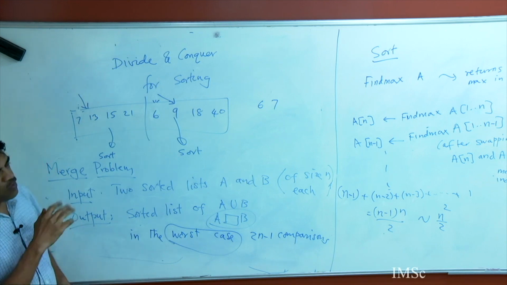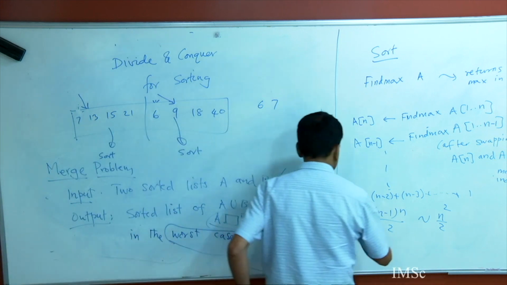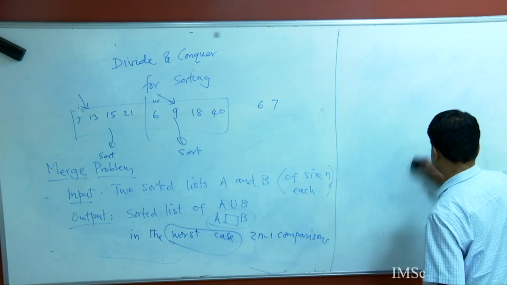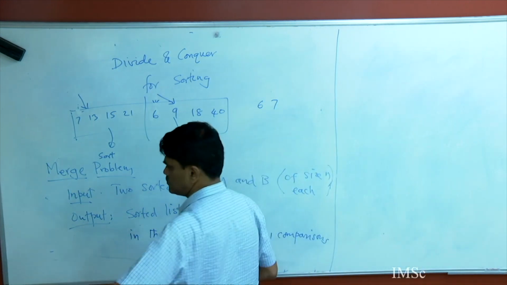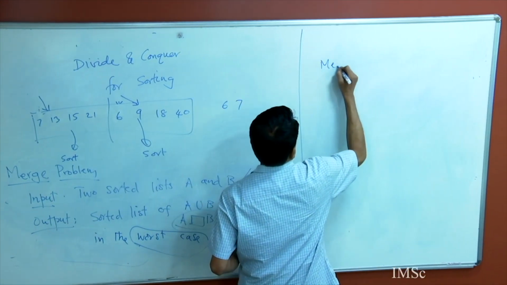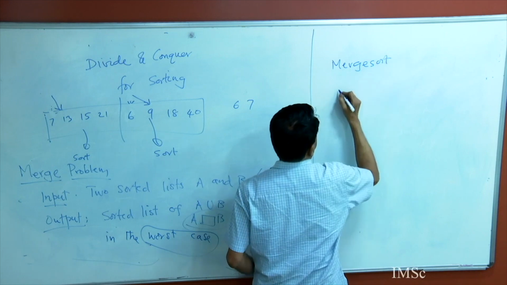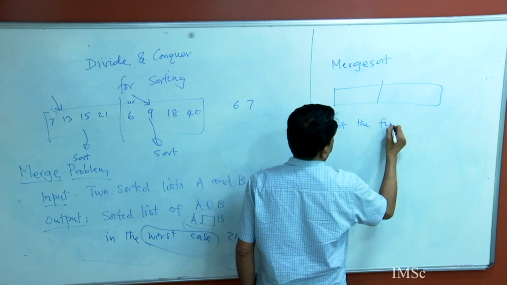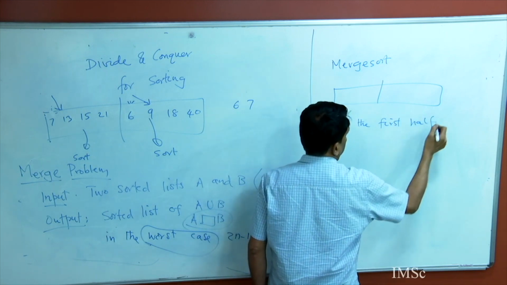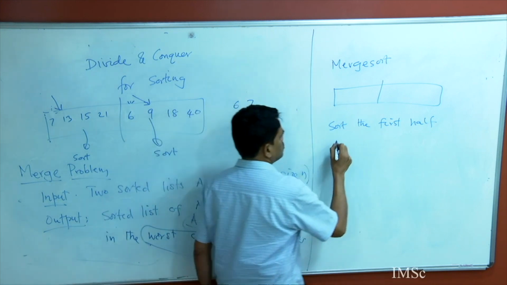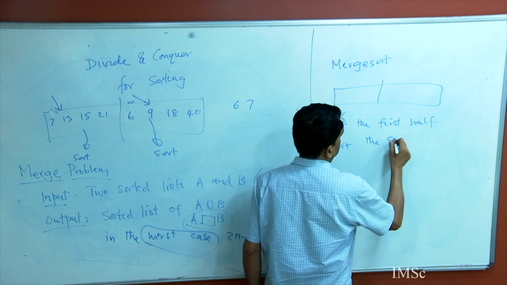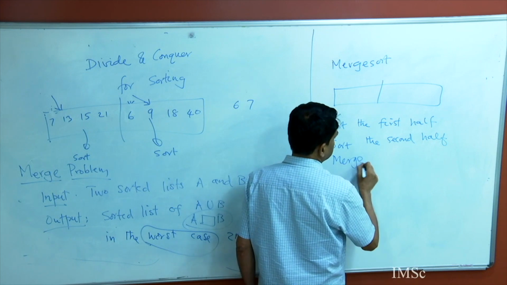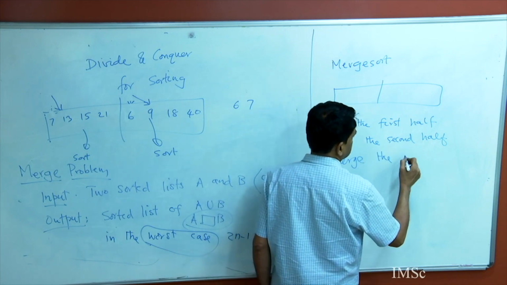So now let's go back to our sorting. So this is called merge sort, which is: sort the first half, sort the second half, and then since each one is individually sorted, merge both the halves.